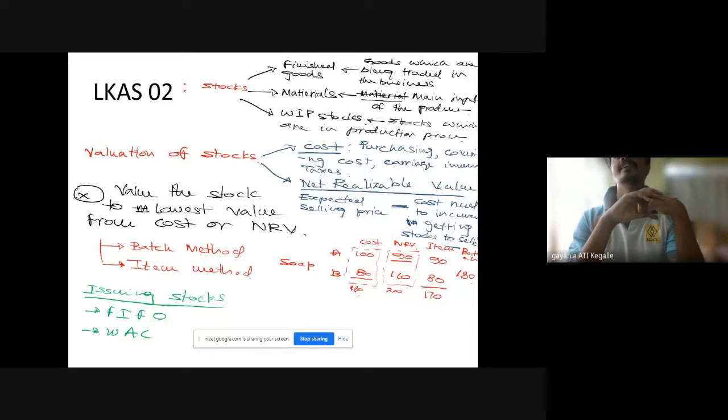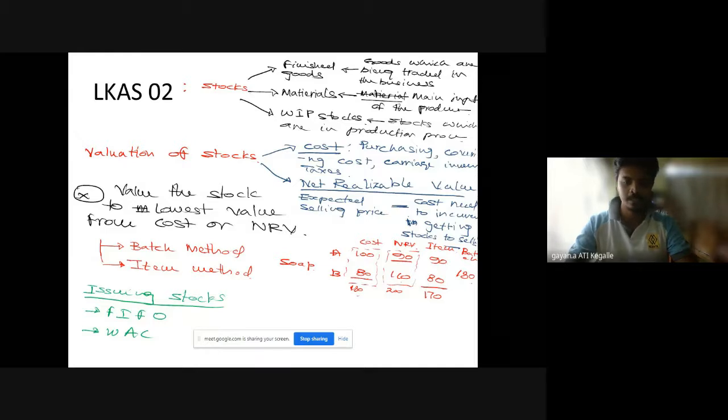Then the value of stocks can be determined according to 2 methods: the batch method and the item method. Here I explained to you how to adopt those. Then for issuing stocks, we can adopt the FIFO method or otherwise the WAC method. Okay.